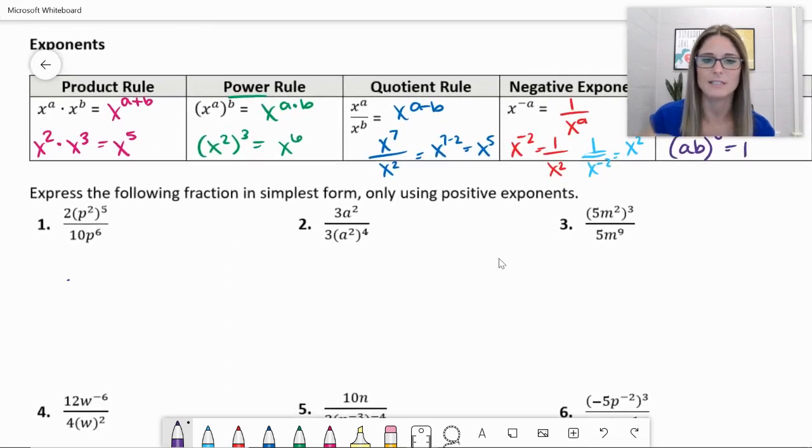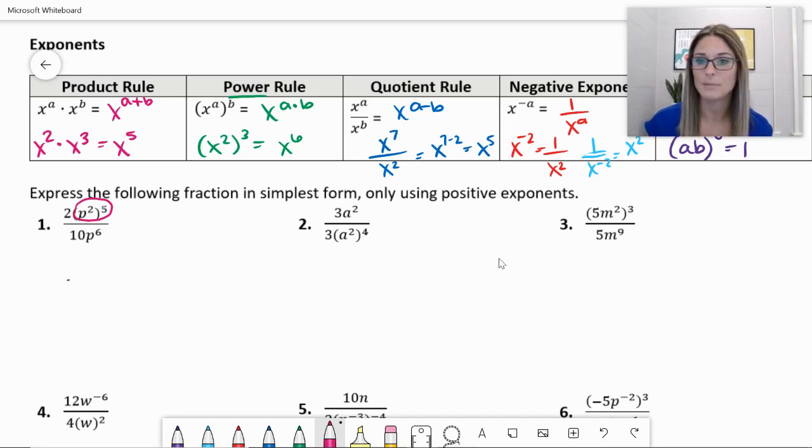So express the following in simplest form using only positive exponents, so no negatives here. Let's start with this piece. So we've got 2 times p squared raised to the fifth over 10 p to the sixth.